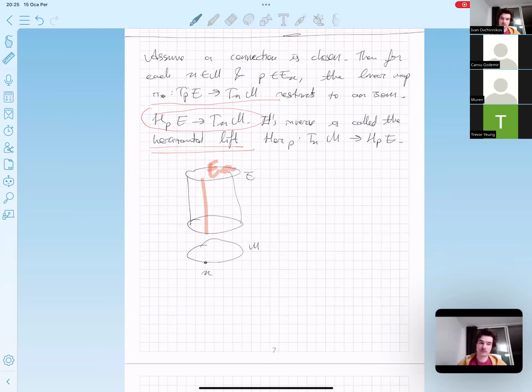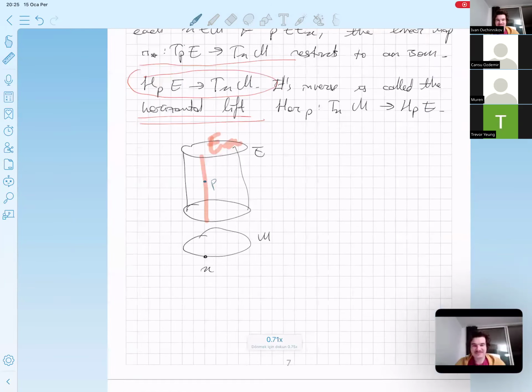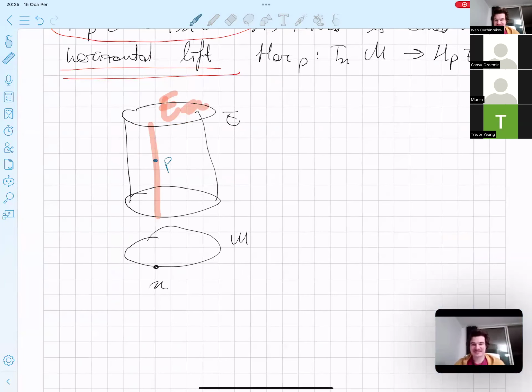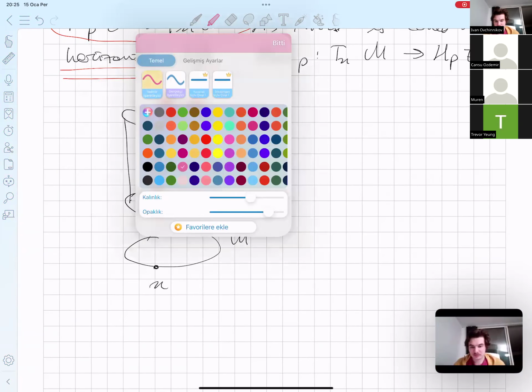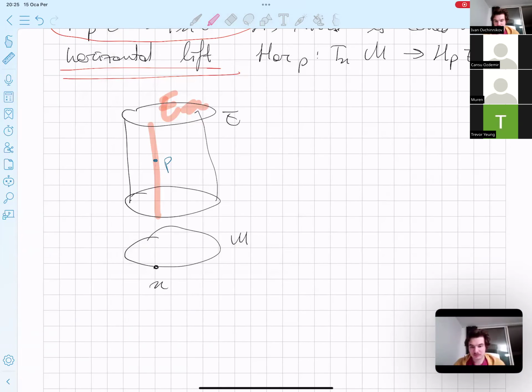And this is P. I'm going to make a sticker and copy this everywhere whenever I talk about this, it will be much easier. I've already drawn like 10 of them. So let's look at the tangent space at P.